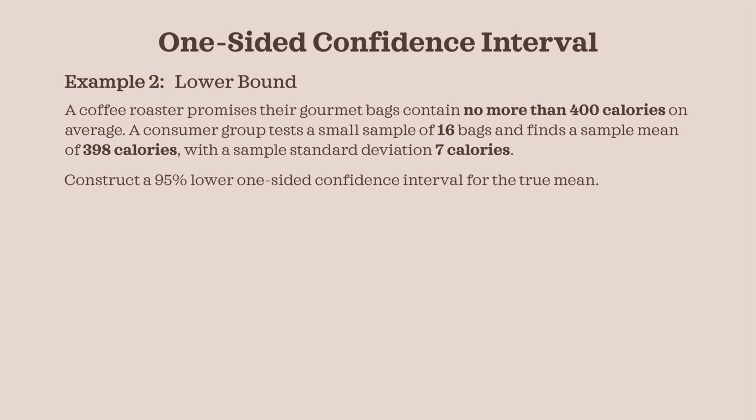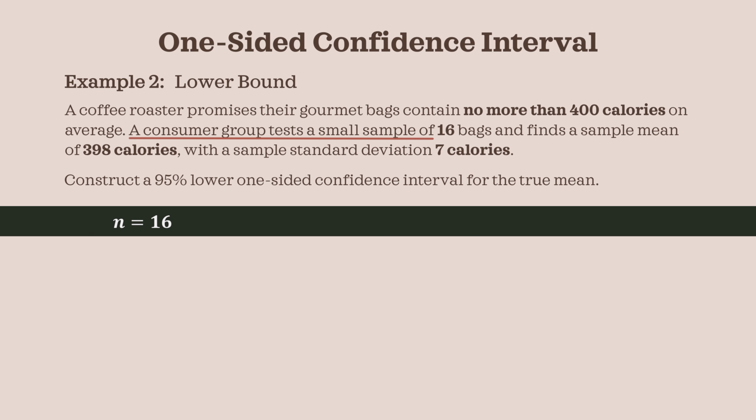Now let's look at the other direction, a lower bound example. A coffee roaster promises their gourmet bags contain no more than 400 calories on average. A consumer group tests a random sample of n equals 16 bags and finds a sample mean X bar of 398 calories with a sample standard deviation S of 7 calories.